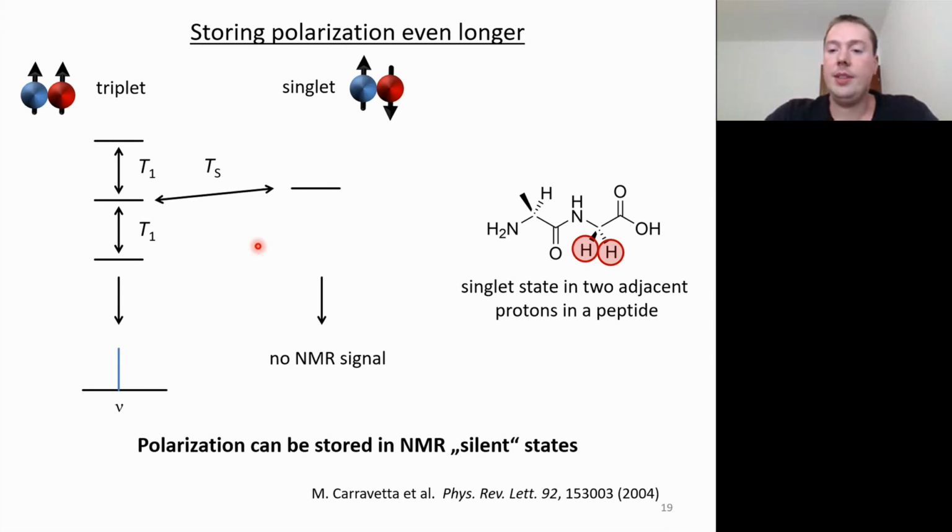And especially the sequence needs to be robust, because if you think about in vivo applications, your organism breathes, and while the organism breathes that you want to look at, your NMR line can actually move over several hertz. So you need to be very robust in picking up the signal again once you've populated a singlet state.